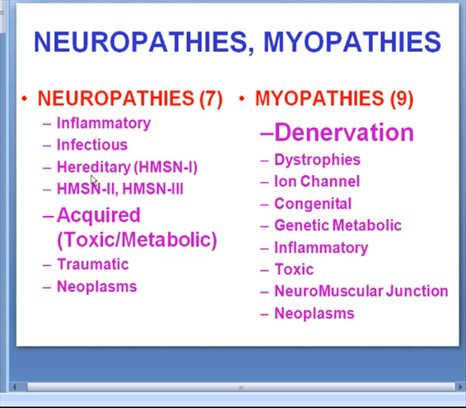We'll be talking about the muscular dystrophies, or Jerry's kids, the so-called neuropathies based on ion channel anomalies or diseases, the general vague category of congenital, or therefore hereditary myopathies, the ones which we consider metabolic, the inflammatory ones, the toxic ones, and then the ones that occur primarily at the neuromuscular junction, and then finally, as always, last but not least, the neoplasms.